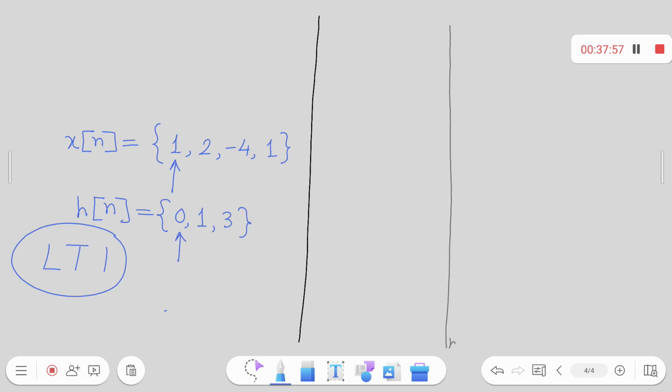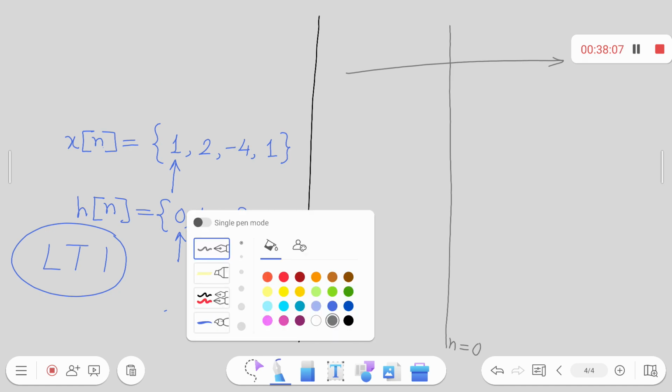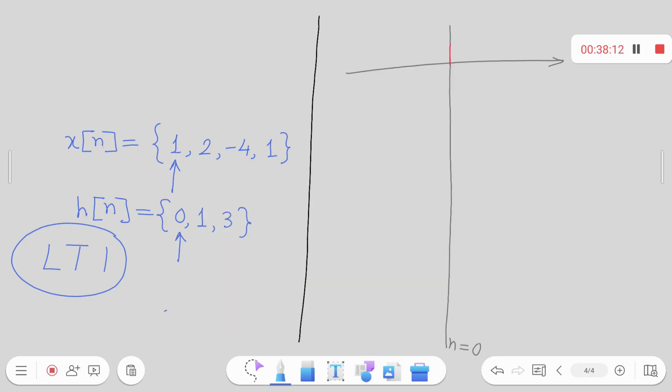This signifies n is equal to 0. x of n is 1, 2, minus 4, 1. This is n basically. This is x of n.